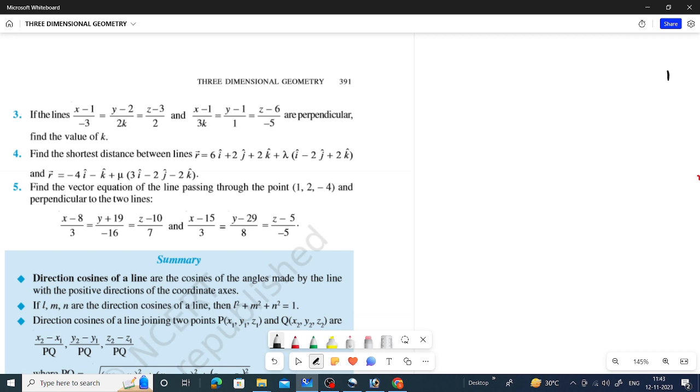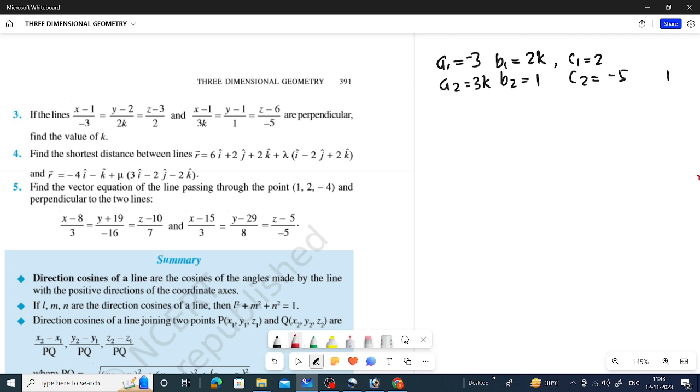So a1 is equal to minus 3, b1 is equal to 2k, c1 is equal to 2, and a2 is equal to 3k, b2 is equal to 1, c2 is equal to minus 5.